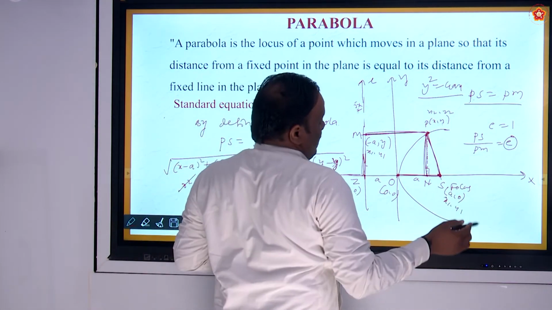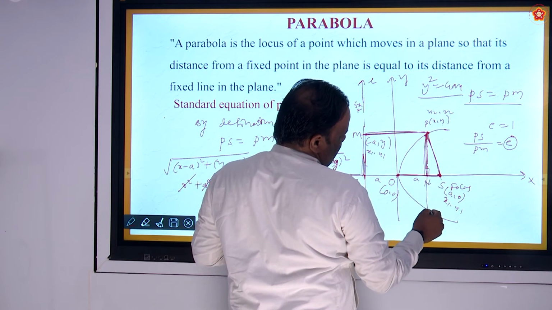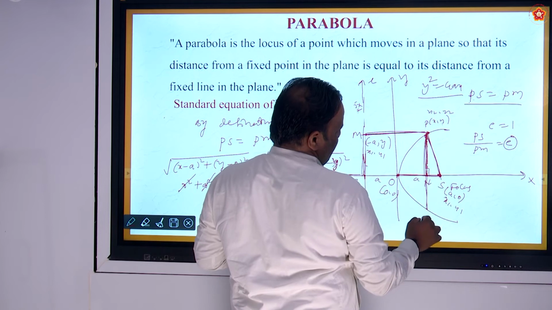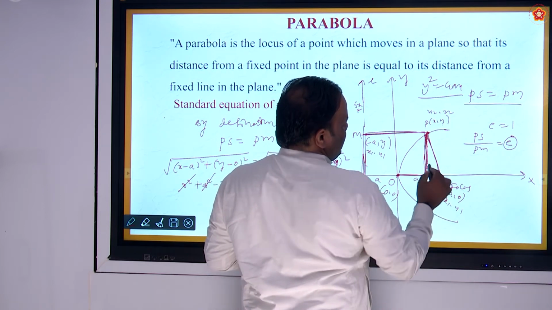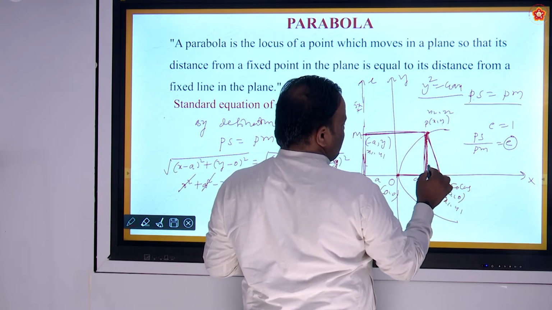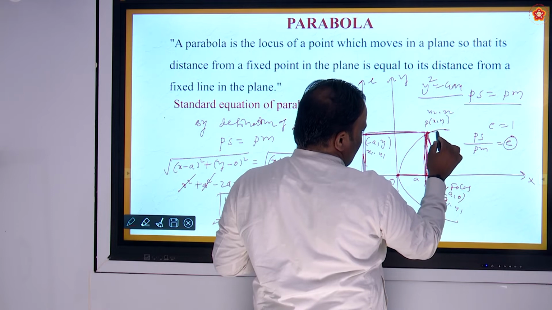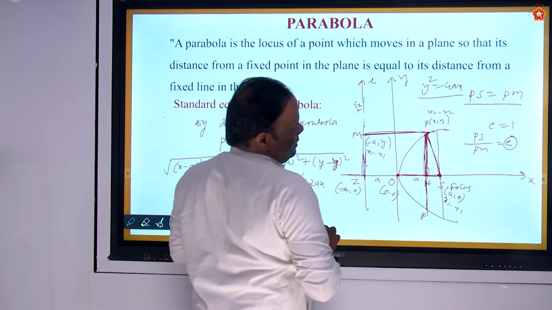And one more word here, latus rectum, LR. I take P here and P dash here. Sorry, this is not a latus rectum. If a line passes through the focus, this line is called the latus rectum.